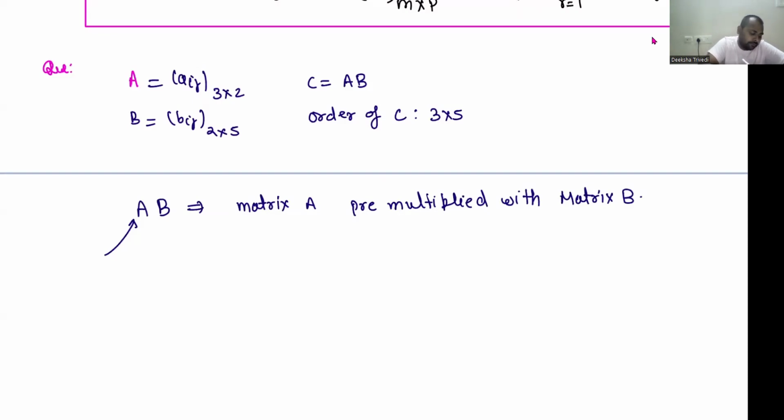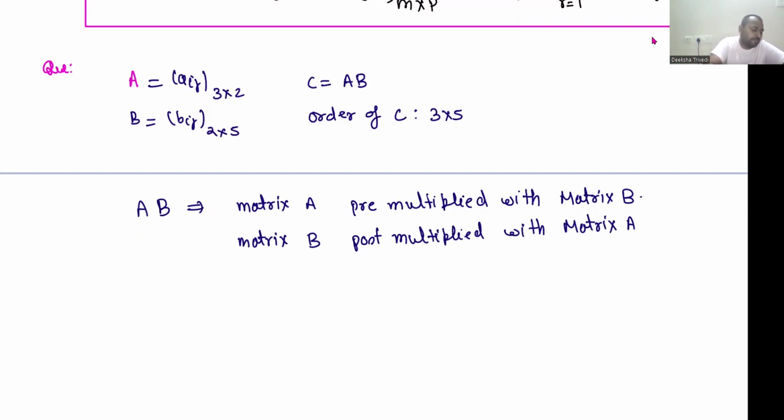Now, the same thing we can write as matrix B post-multiplied with matrix A. That is the meaning of pre and post multiplication.